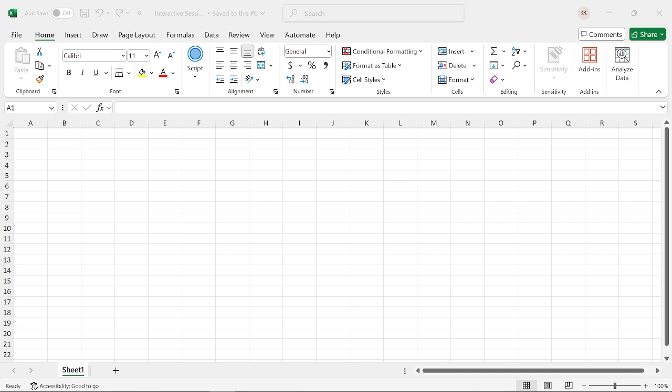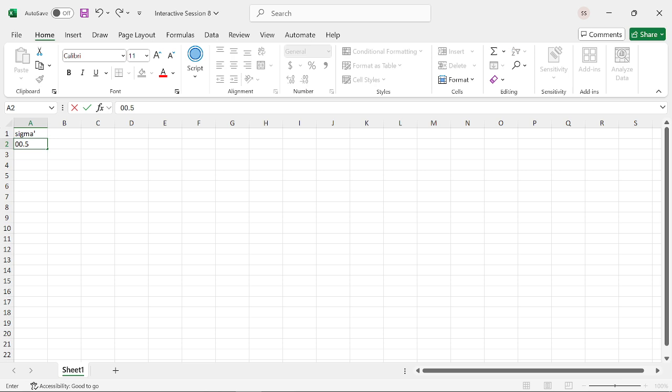Okay, so the effective stress, let's call this sigma dash, is 0, 0.5, 1, 2, 4, 8, 16, and 32.